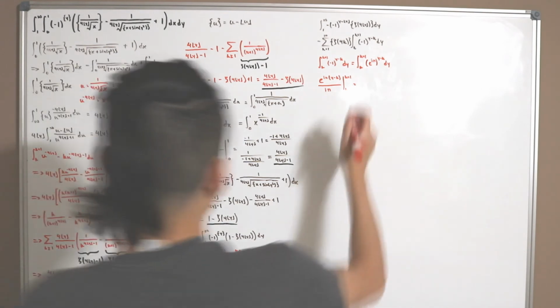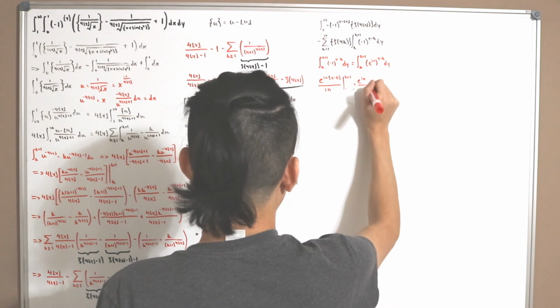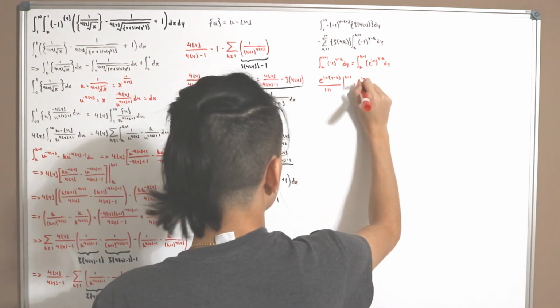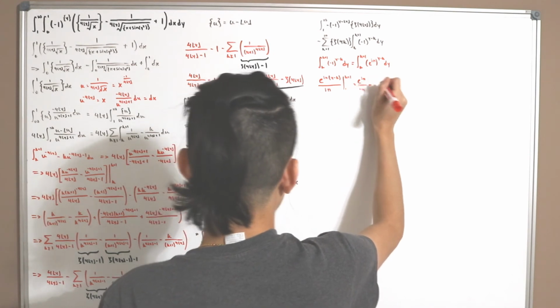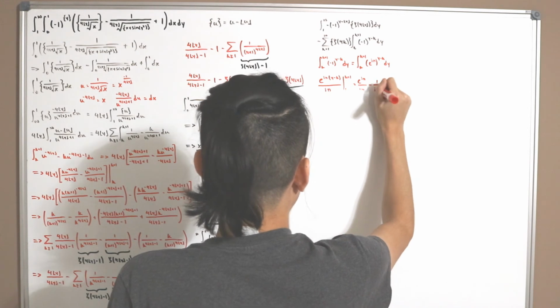So the expression is e to the power of i pi divided by i pi, and then subtract 1 divided by i pi.